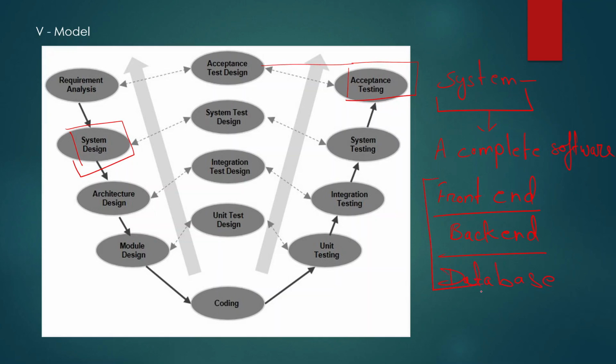When all these things are attached and combined, it becomes a complete system. We are going to learn this in system testing, when we test completely from front end to back end to database. Now what is architecture and who designs this? The architect.